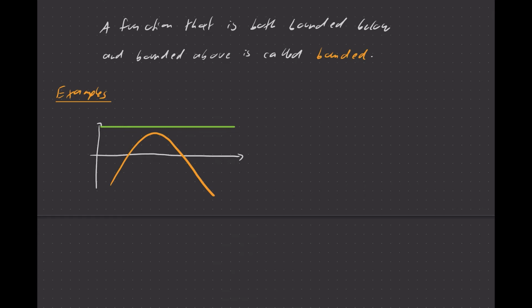It does have a global maximum. That global maximum would be here. And in this case, it's even unique. And this here is the maximizer. So this is a maximizer. This is a global maximum. This here refers to the function being bounded above. And it's not bounded below. And it does not have a global minimum.